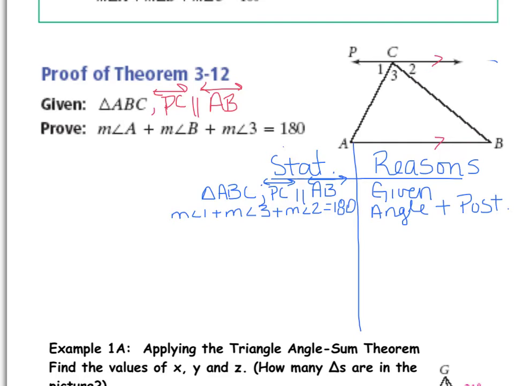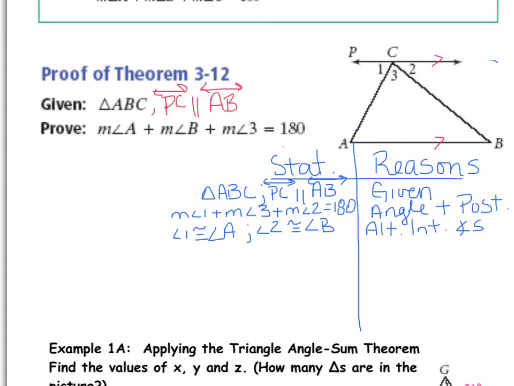So I'm going to say angle 1 is congruent to A, and I'm going to put it on one line. Angle 2 is congruent to B because they are alternate interior angles. So now I have some swappability.